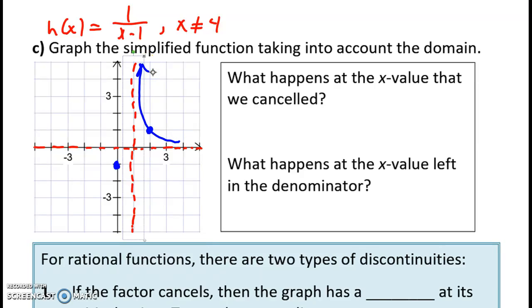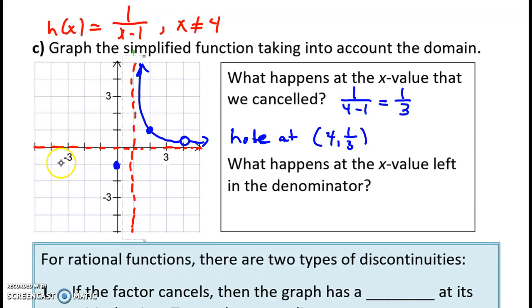Now, in the simplified version of the function, the y value is 1 over 4 minus 1, or 1/3. So that means that we're going to have a hole in the graph at the point (4, 1/3). So we'll graph the point (4, 1/3) and indicate that there's a hole in the graph there. And then the other branch of the function does not have a hole in the graph.